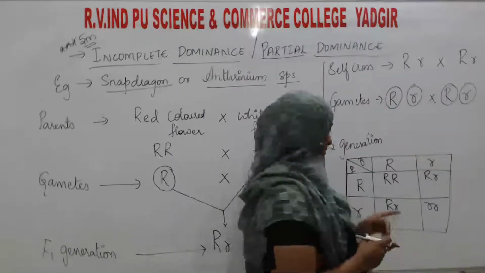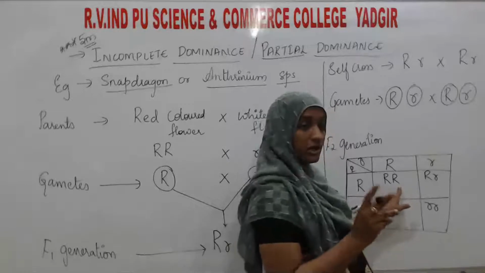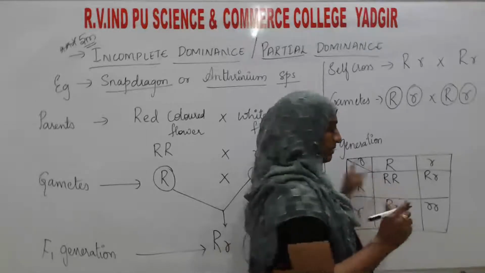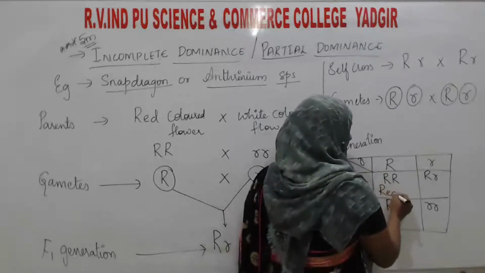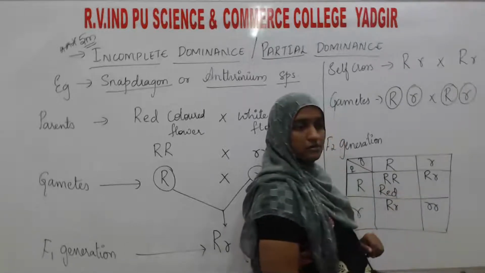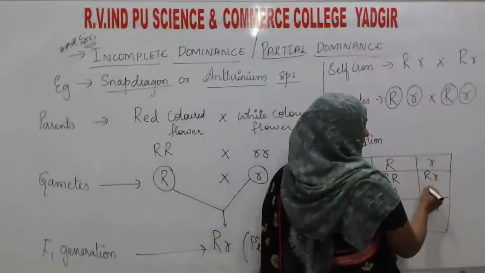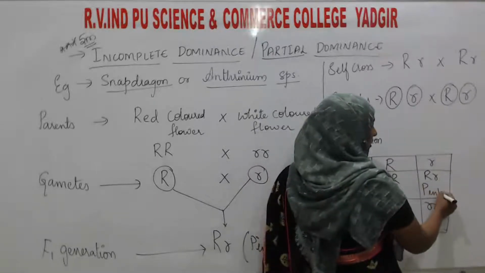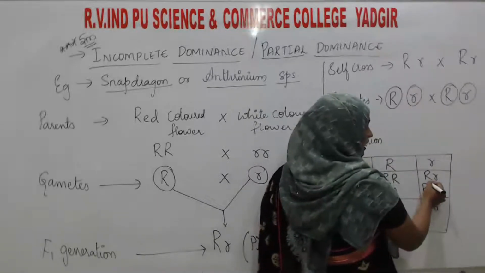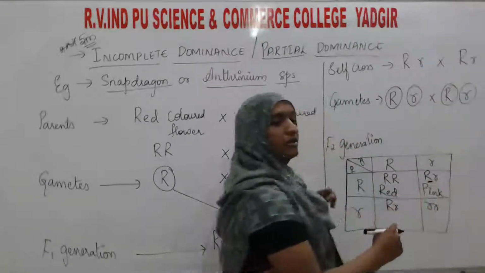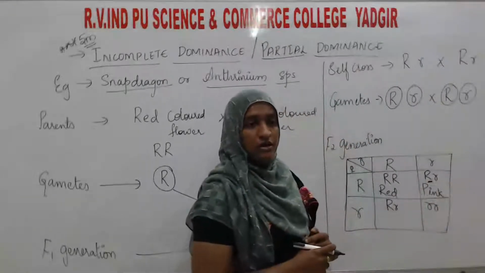The color here: capital R, capital R, both are dominant. What will it be? It will be the red color flower. The next, capital R with small r will become pink color, not red color, because this capital R is incompletely dominant over the small r.